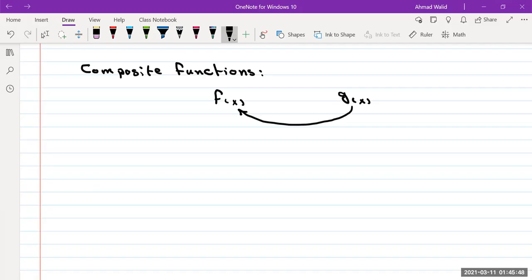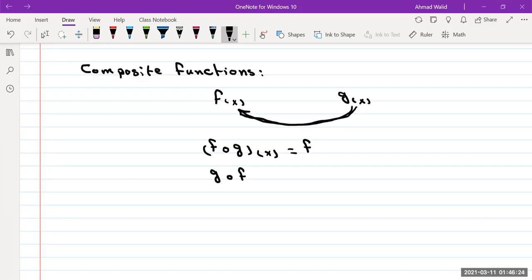We call that one composition of functions. And the notation is f, a little circle like this, and g, or g, a little circle, then f. We read f of g of whatever your variable is, x, correct?